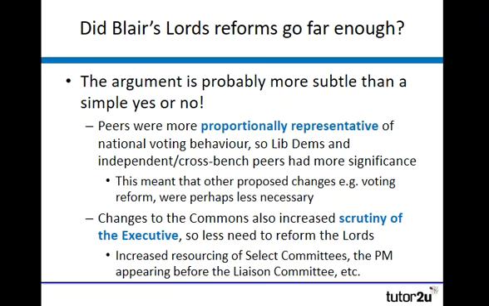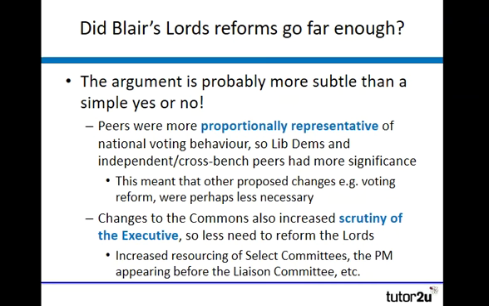The peers are now much more proportionally representative of national voting behaviour. One of the key issues in terms of Commons reform and electoral system reform has been to make the electoral system far more proportional and representative of national voting patterns. At the moment, the first past the post voting system for the Commons does not allow minor parties to perform particularly well.